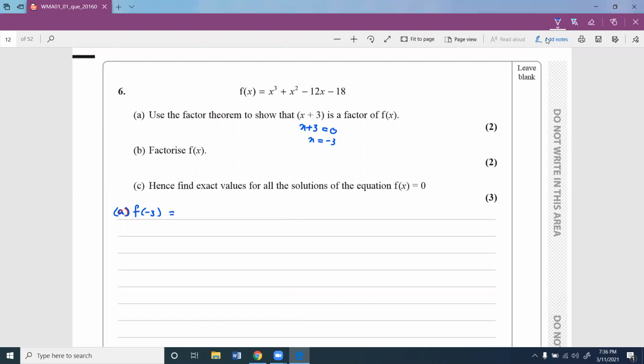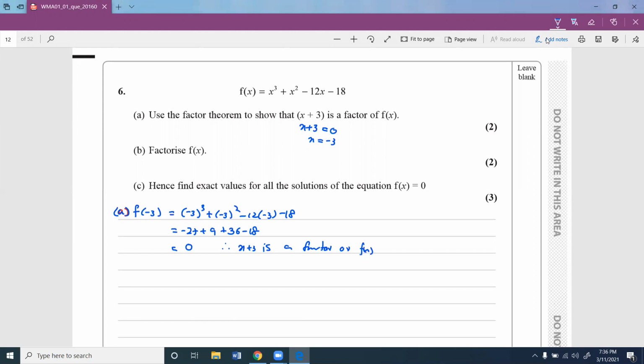Minus 3 cubed plus minus 3 squared minus 12 times minus 3 minus 18. So you just check with that: minus 27 plus 9 plus 36 minus 18. If you just do this, you will understand that this turns out to be 0. So you can say therefore x plus 3 is a factor of f(x).